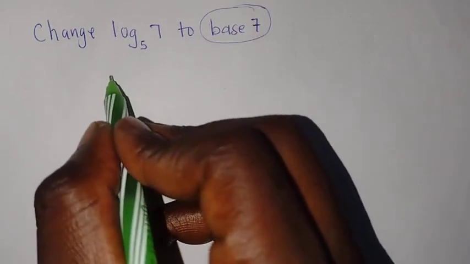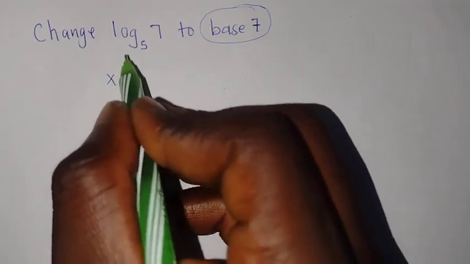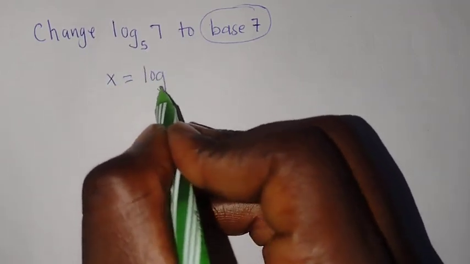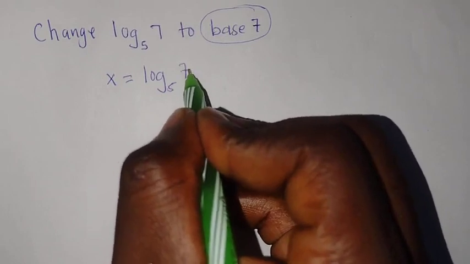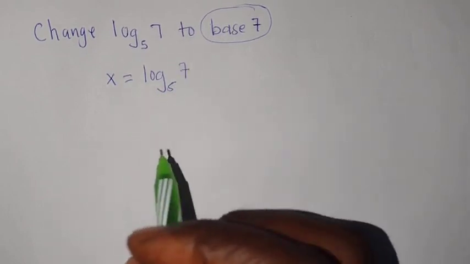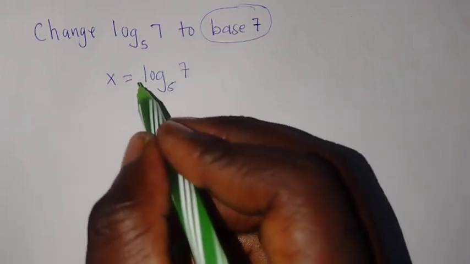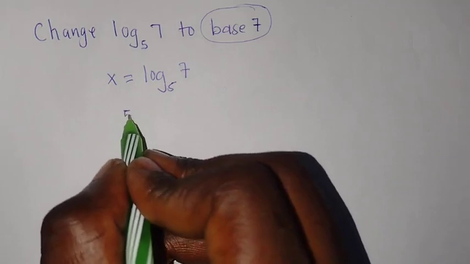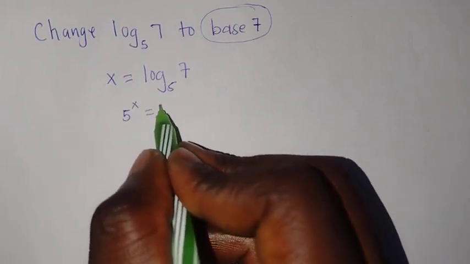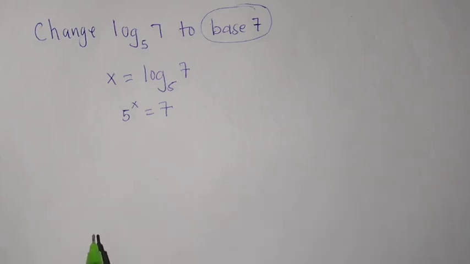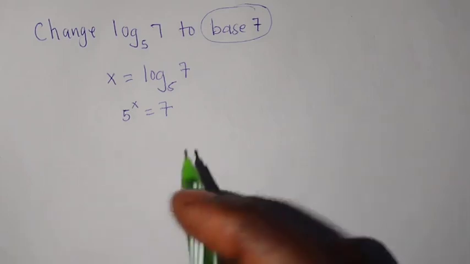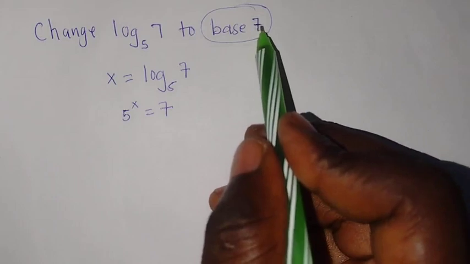You can introduce x equal to this, which is log with a base of 5, then 7. From here you can rewrite this in exponential form, which will be 5 power x equal to 7.